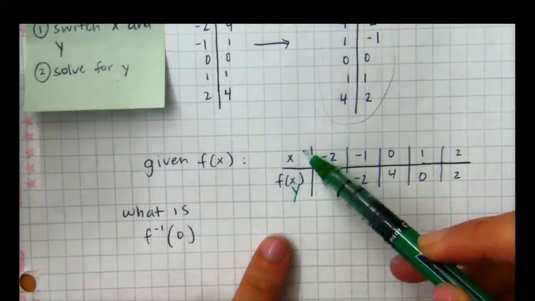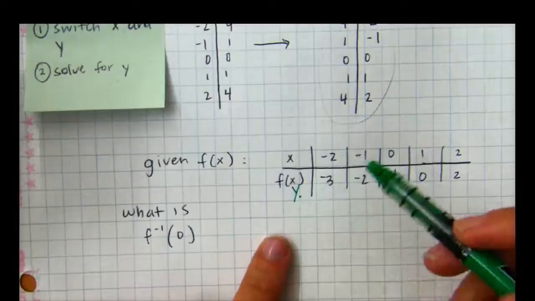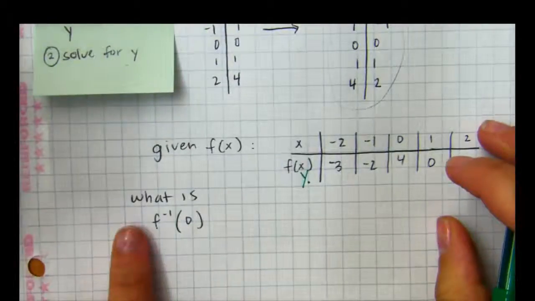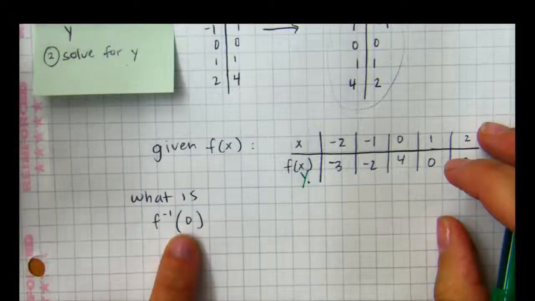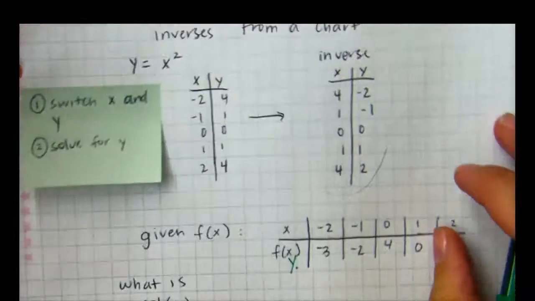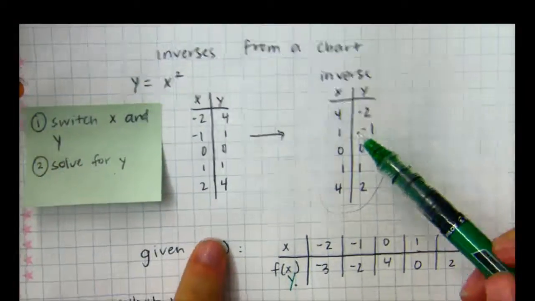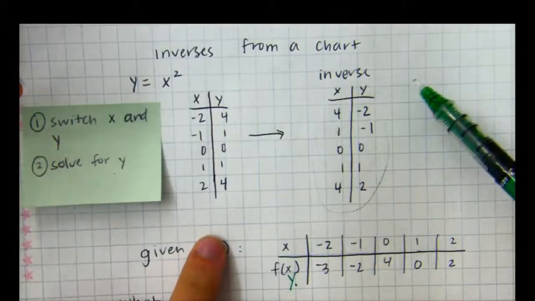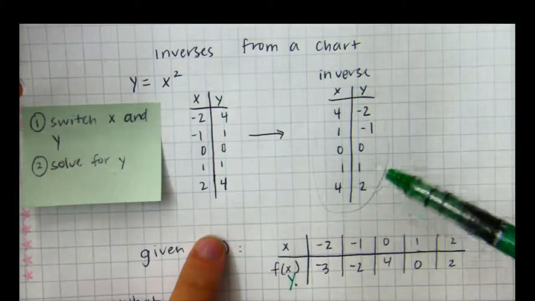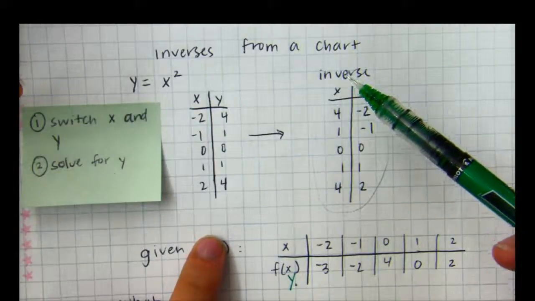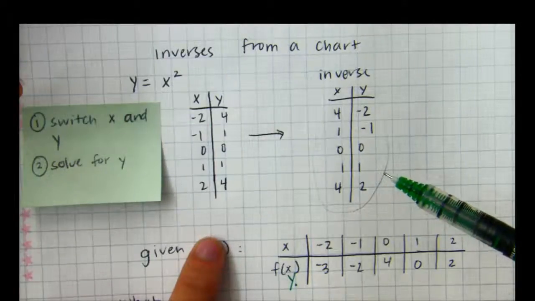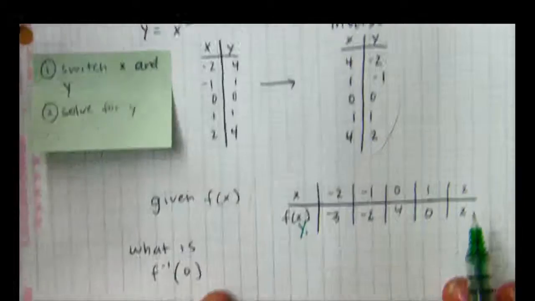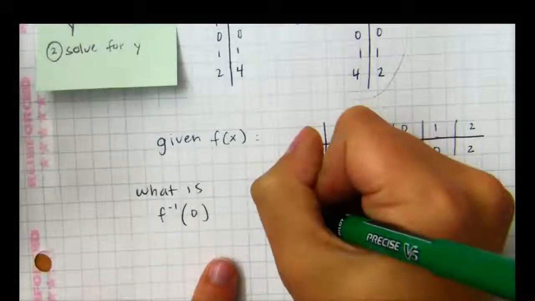Okay, x and y. If I asked you to find the inverse of 0, well, we essentially did the same thing up here that we're going to do down here. So for your inverse function, all of your x and y values are reversed. Your x values become y values, your y values become x values. Let's do the same thing for your inverse function.